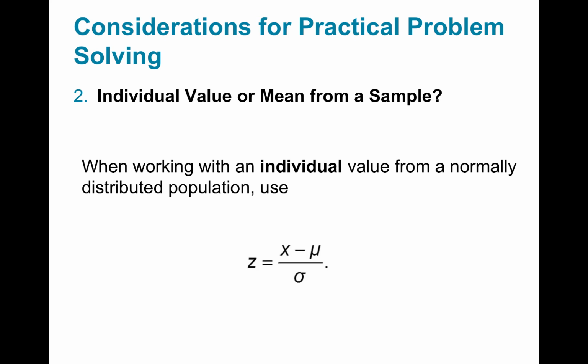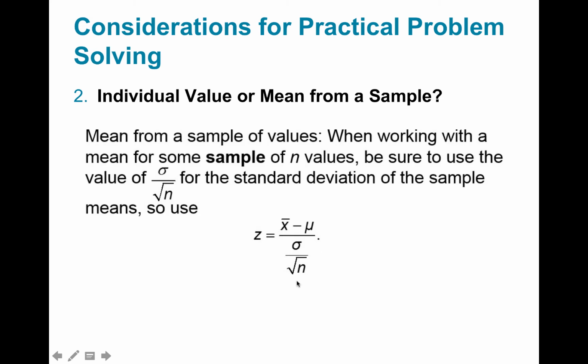And then we have to be aware of whether we're calculating probabilities for an individual value or the mean of a sample. For an individual value, here's your z-score. But when dealing with sample means, we know sigma is replaced with sigma over radical n.